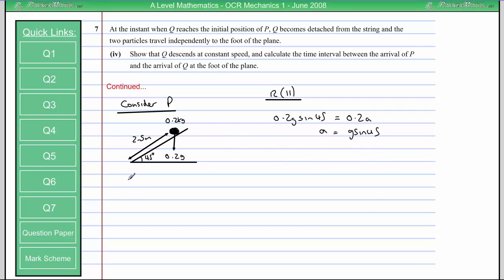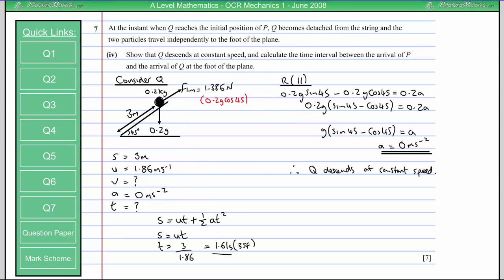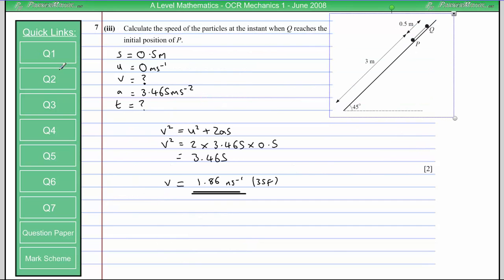So let's think about our values for SUVAT. Particle P only has to travel 2.5 meters down the slope. Its initial velocity is going to be 1.86 again, because back when we figured out 1.86 here, this was right at the point where the particles became detached.